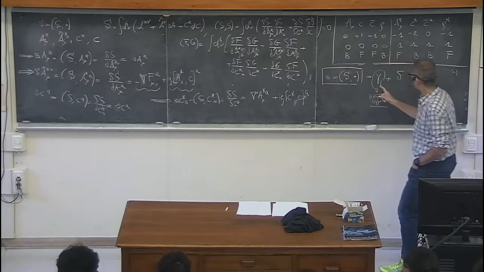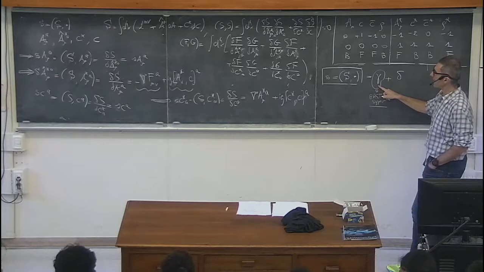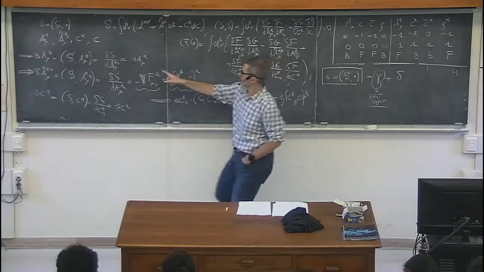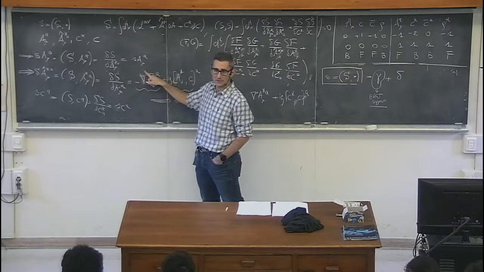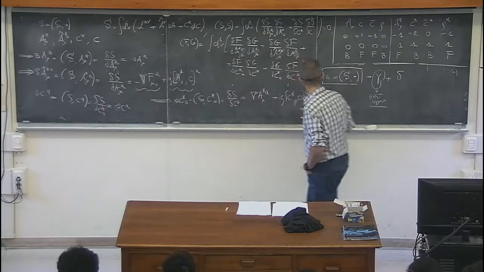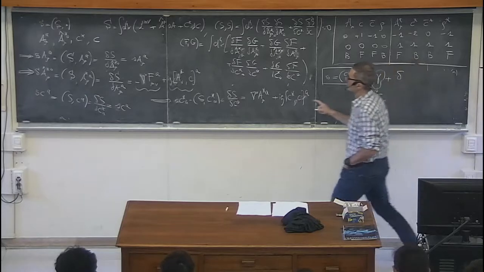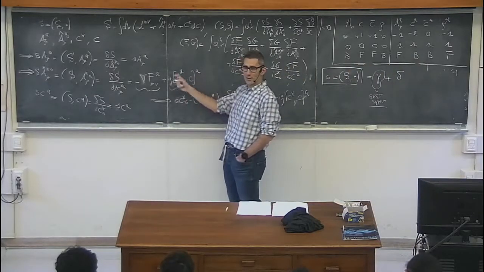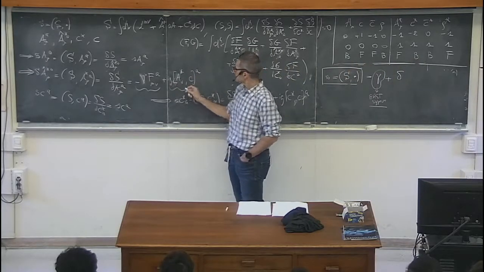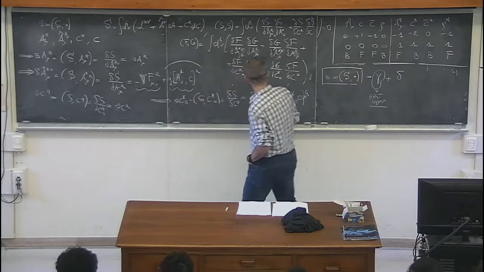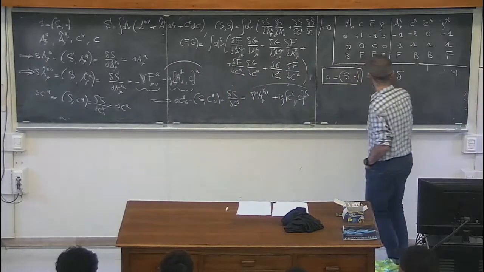In fact, this gamma coincides, on the fields, with the BRST symmetry of the fields. But in the gamma there is something more, which is just the transformations of the antifields. So this part here and this part here are inside of the gamma.